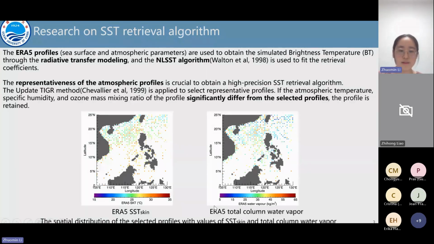And the figures show the spatial distribution of the selected profiles with the values of SST skin and the total column water vapor. You can see near the equator, there are fewer profiles because of high cloud coverage. And in other areas, the profile distribution is relatively uniform.